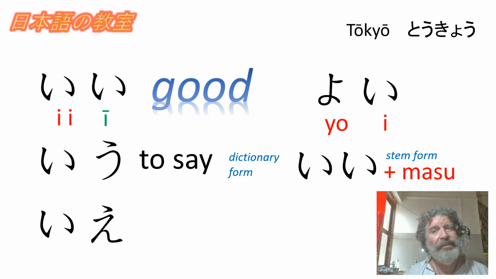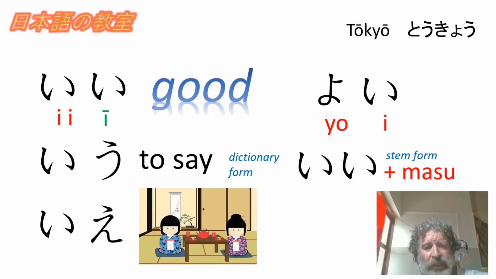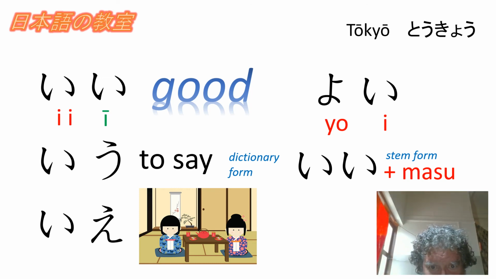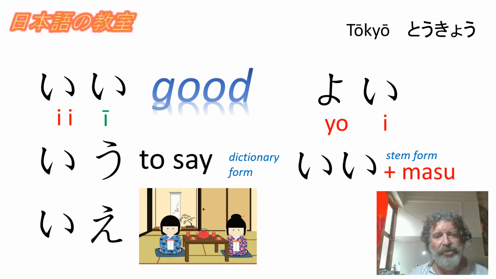Ie is a house. Ie is a house. And here we have a house with maybe the mother and father in it. Yeah, I think the man is on the left. Traditional Japanese tatami room. I think that we're going to quit for today.